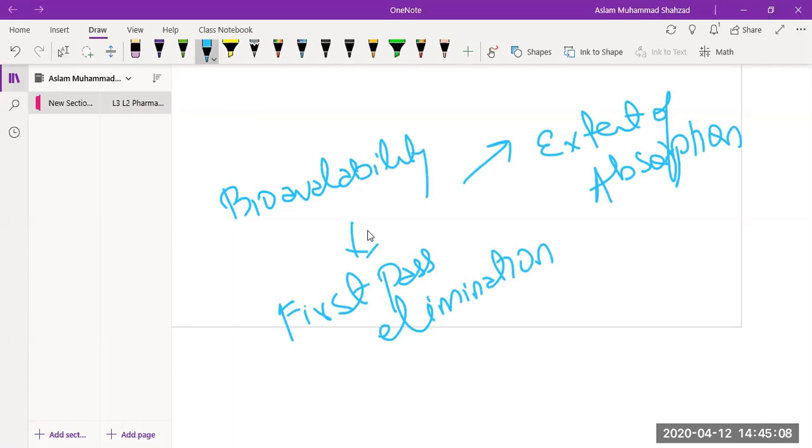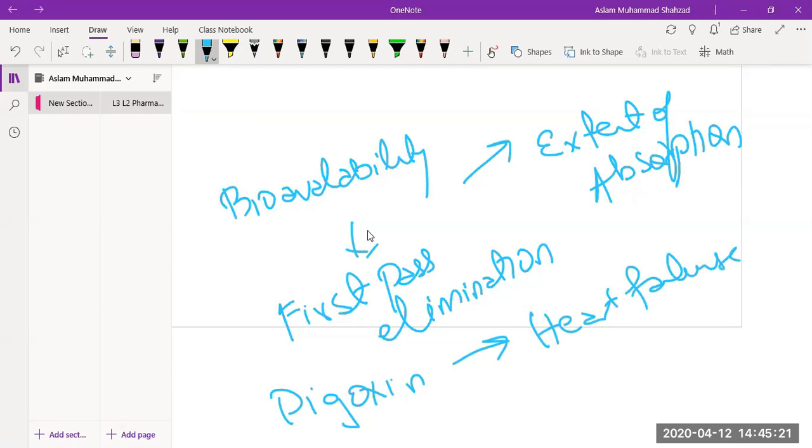For example, I'm giving you one example of digoxin, which is used for the treatment of heart failure. This drug has only 70% bioavailability. Why?